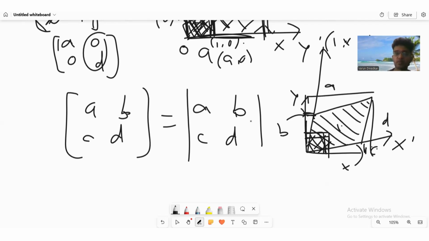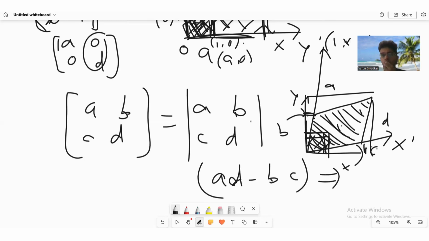So this can be geometrically proved that the area of this parallelogram equals AD minus BC, right? So that's basically the idea of a determinant.